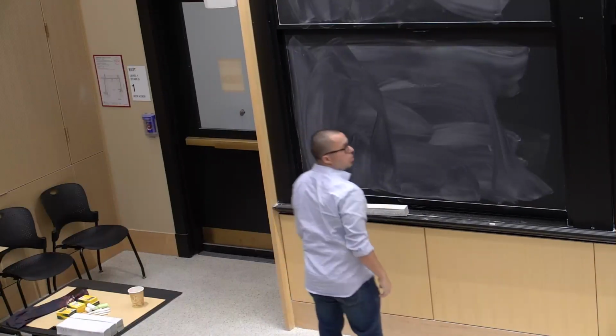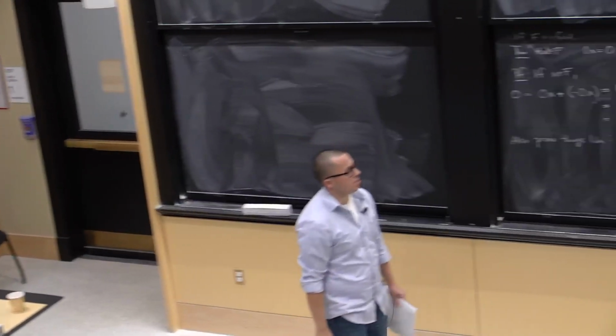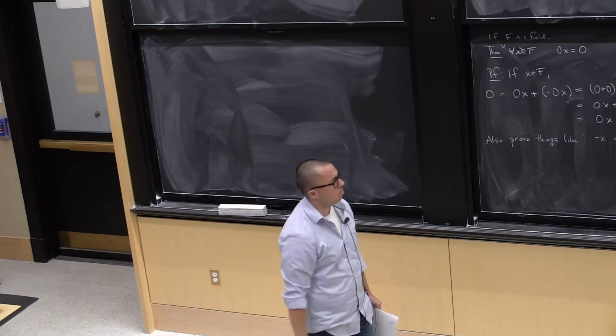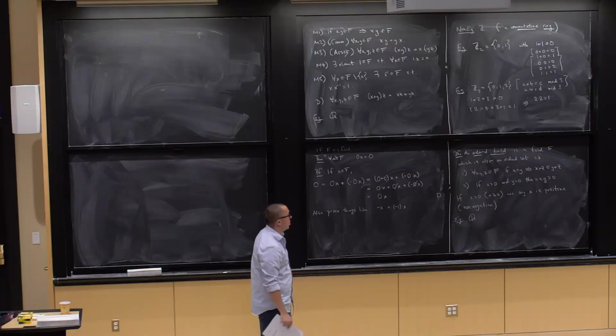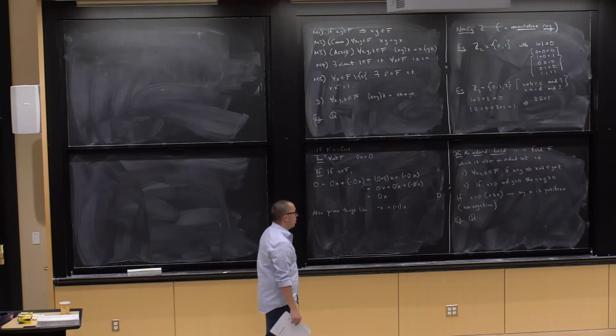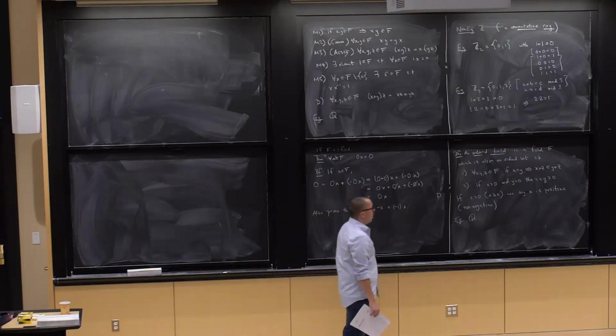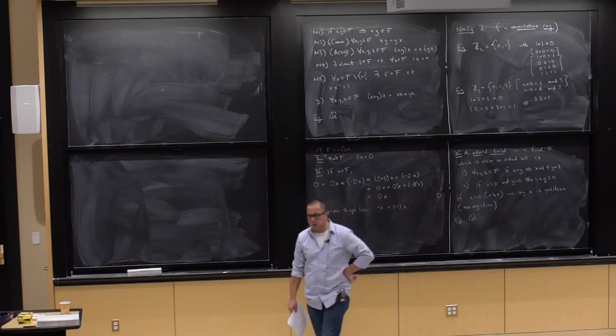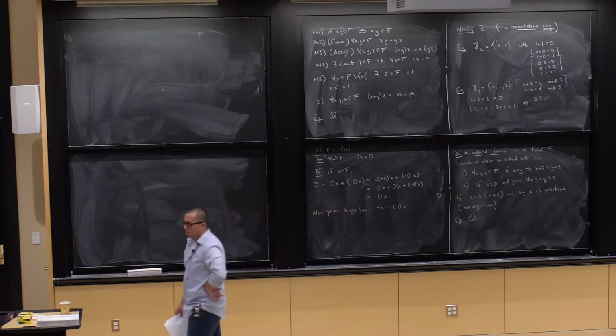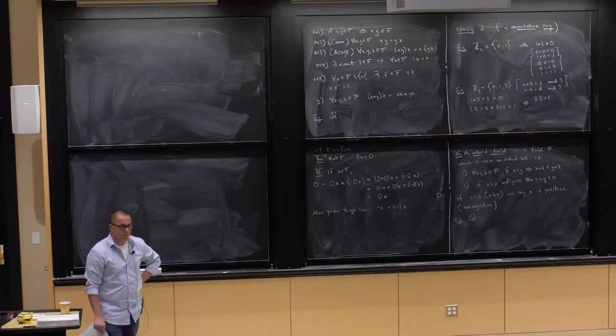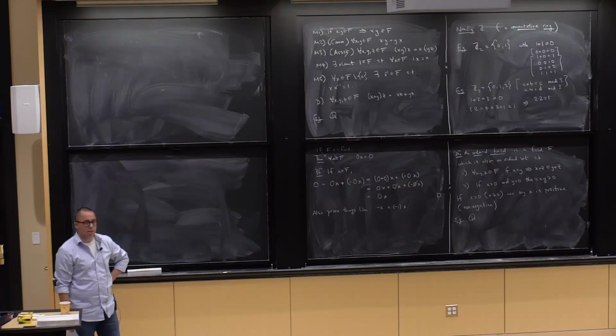So Q is an ordered field, and as I stated before, R is also an ordered field, but it has a least upper bound property. So maybe you are asking yourself, how about some sort of greatest lower bound property? The least upper bound property is about sups.